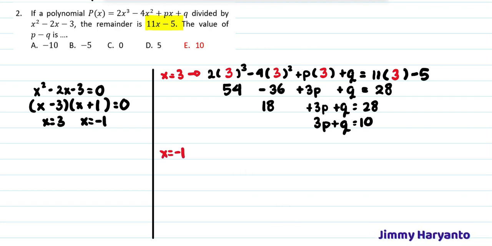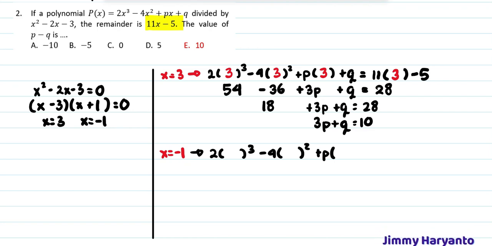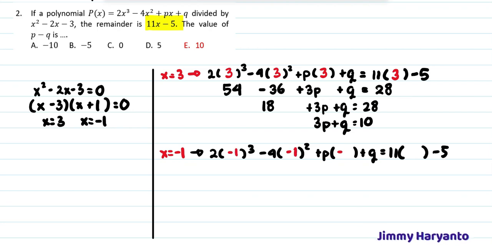Next is the second equation. When x equals -1, you only have to do the same thing, but this time you will input the -1 like this, 11 times x minus 5. The x itself is -1 for this part, and then you will simplify.